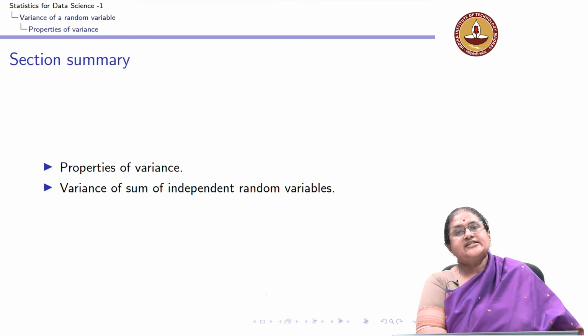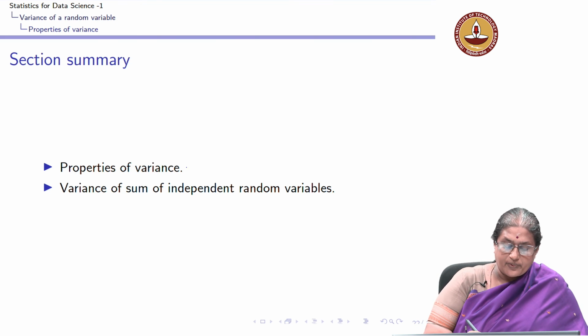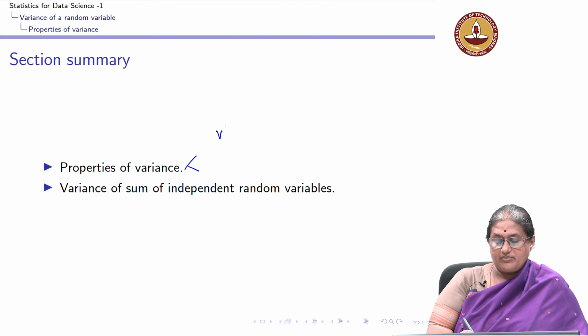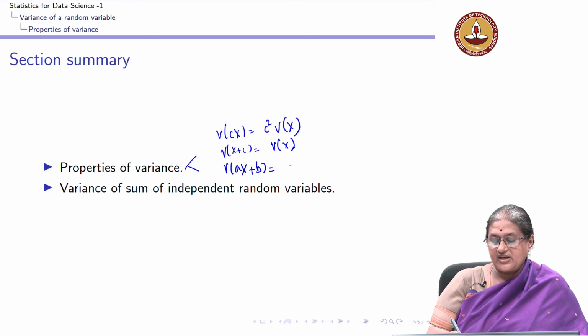Okay. So, in summary, what we have seen so far are the main properties of the variance, namely the variance of a constant times x is c square variance of x. Adding a constant leaves the variance of x unchanged, which can be generalized to the variance of ax plus b being a square variance of x.